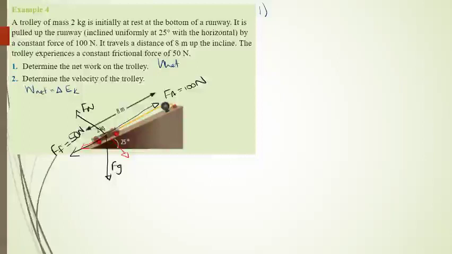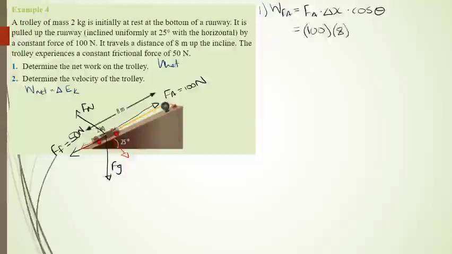Let's go calculate the work done for the applied force. Now, we know that work is equal to the force times the change in distance times cos theta. My force that I'm pulling the trolley up the hill with is 100 newtons. It moves 8 meters.